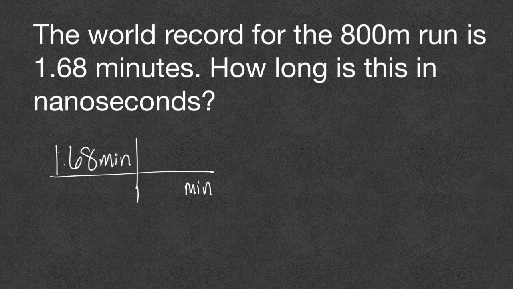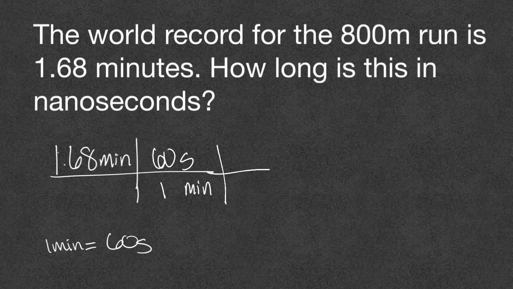Now, I could look back at that chart of conversion factors. The thing is I know about time. I know that 1 minute equals 60 seconds. And I've already put minutes on bottom, so I know this conversion factor is going to be oriented with 1 minute on bottom, 60 seconds on top.